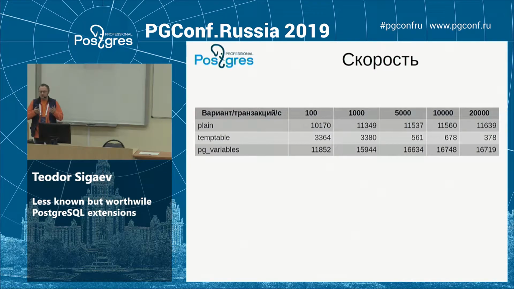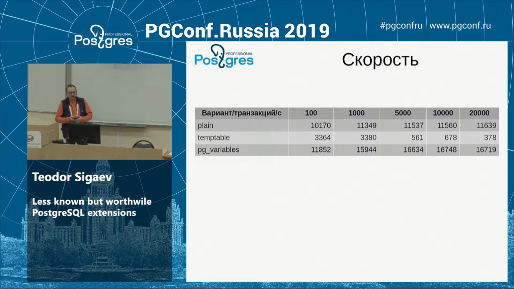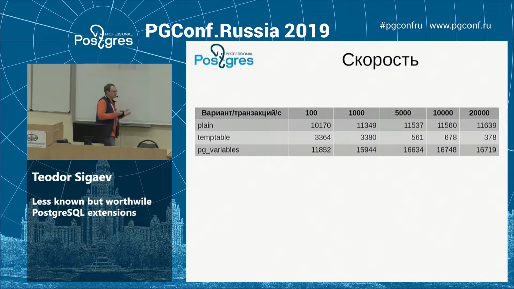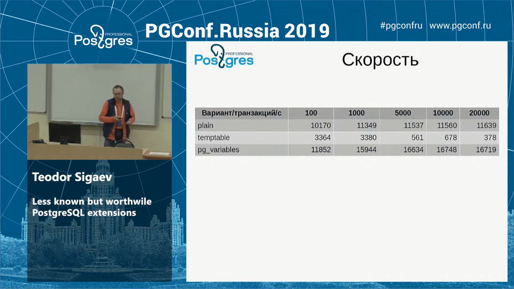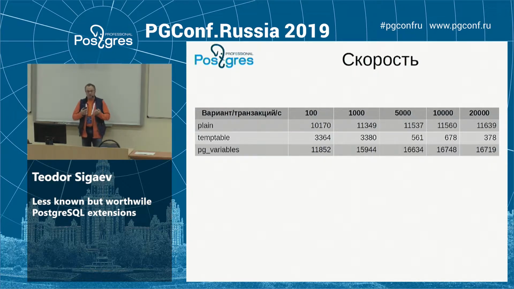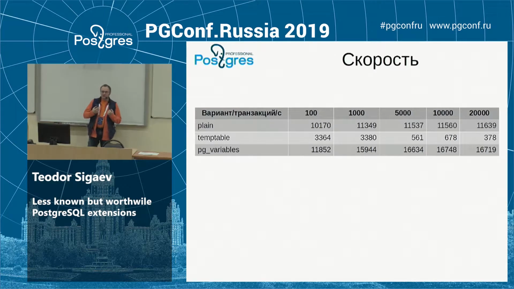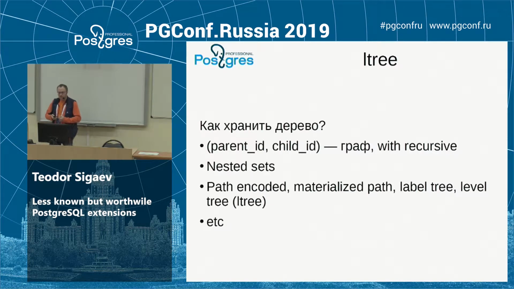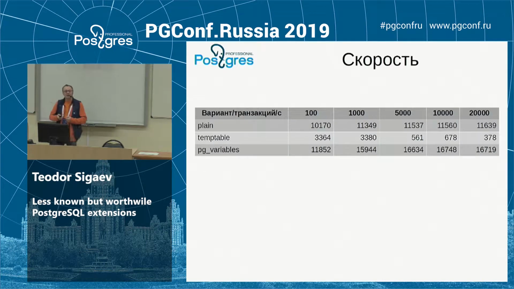Nevertheless, this particular example will work faster than usual tables. With PG variables, we change the tables for storage in memory. But keep in mind that when you do a big selection, you will not be able to fit into the memory.